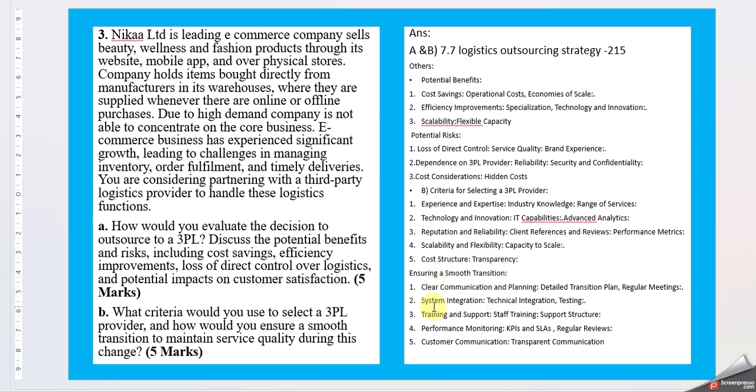Ensuring a smooth transition can be clear communication and planning, like detailed transition plans, regular meetings, then system integration, technical integration and testing, training and support, staff training, support structure, performance monitoring, KPIs and SLAs, regular reviews, customer communication can be transparent communication. So these are certain points which I tried to put up for A and B.